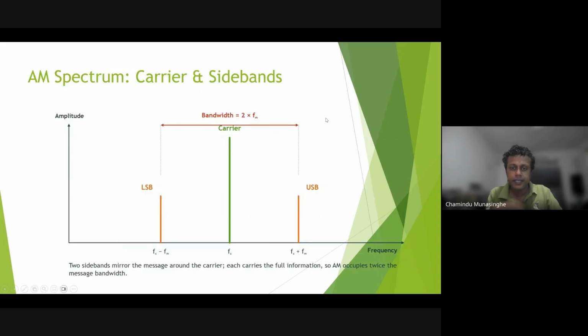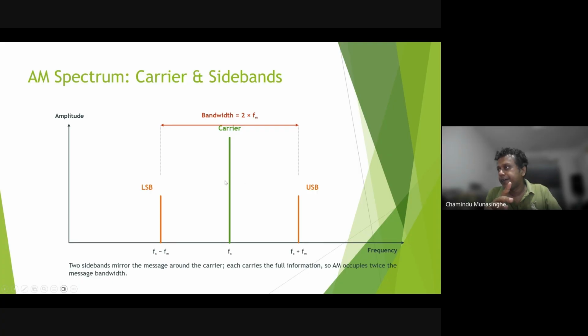Anyways, let's stop from here. Let me just use these two slides, and then we'll do a short demo, and then we'll wrap up. If you modulate a sinusoid with a carrier, this is what the spectrum looks like, right?